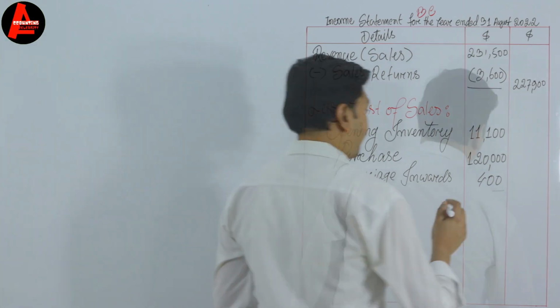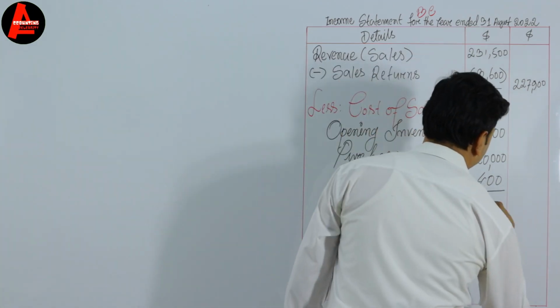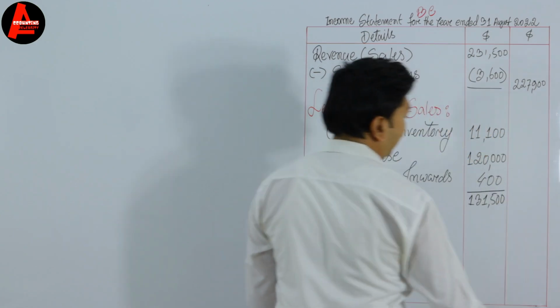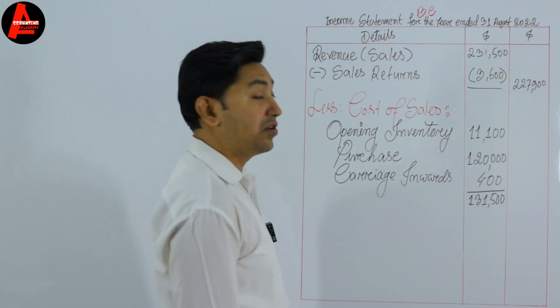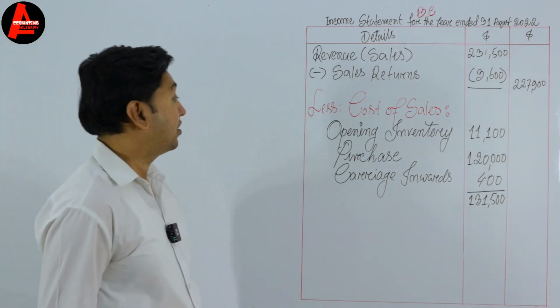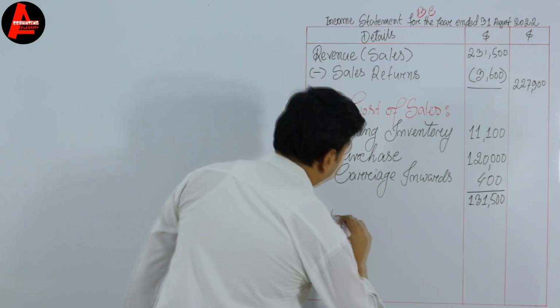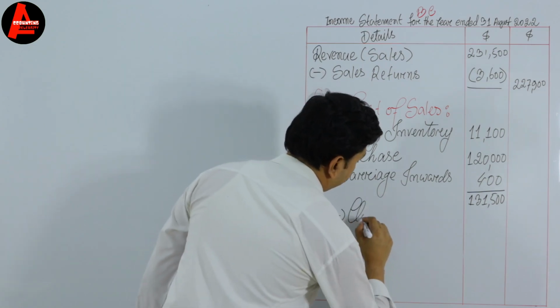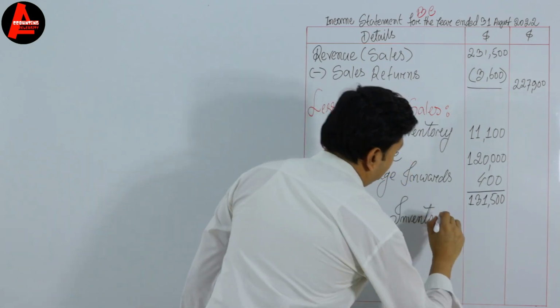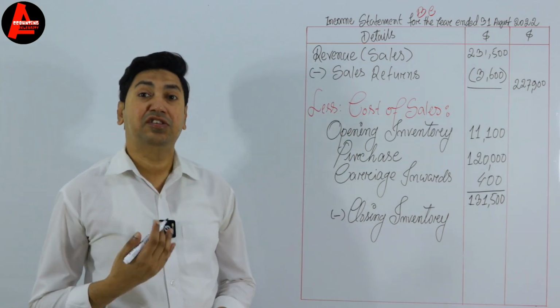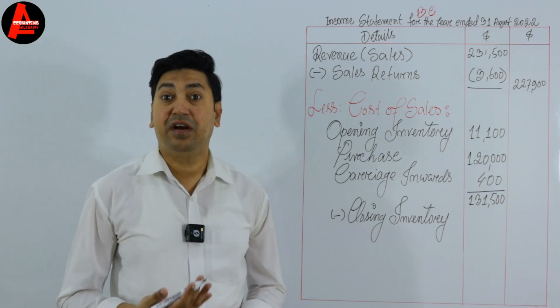So here, $131,500. Now we need to minus closing inventory. So let us write here, minus closing inventory. You know, closing inventory does not appear in the trial balance. It appears with the adjustments.